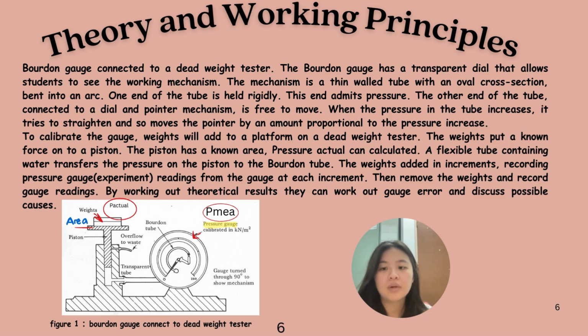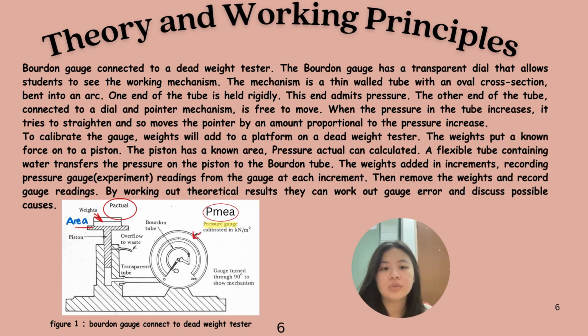So to calibrate the gauge, weight is added to a platform on a dead weight tester. The weight puts a known force onto a piston. The piston has a known area, so the actual pressure can be calculated.